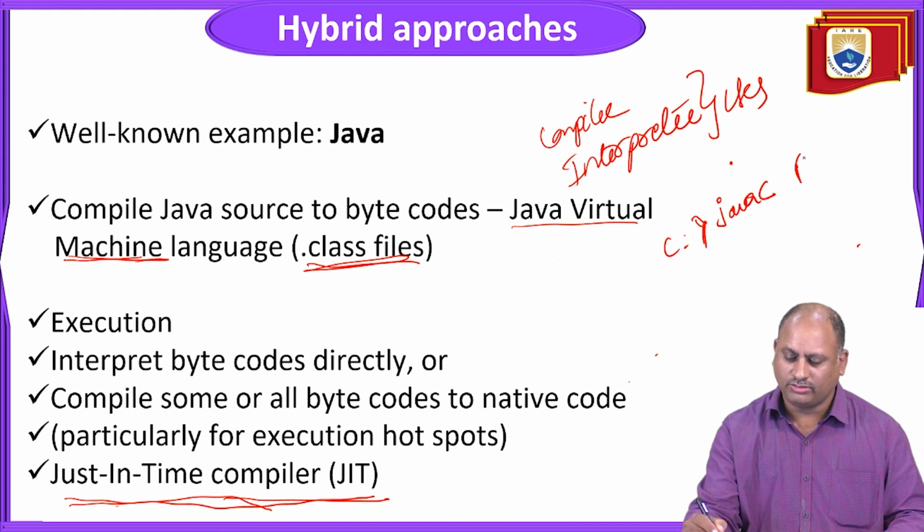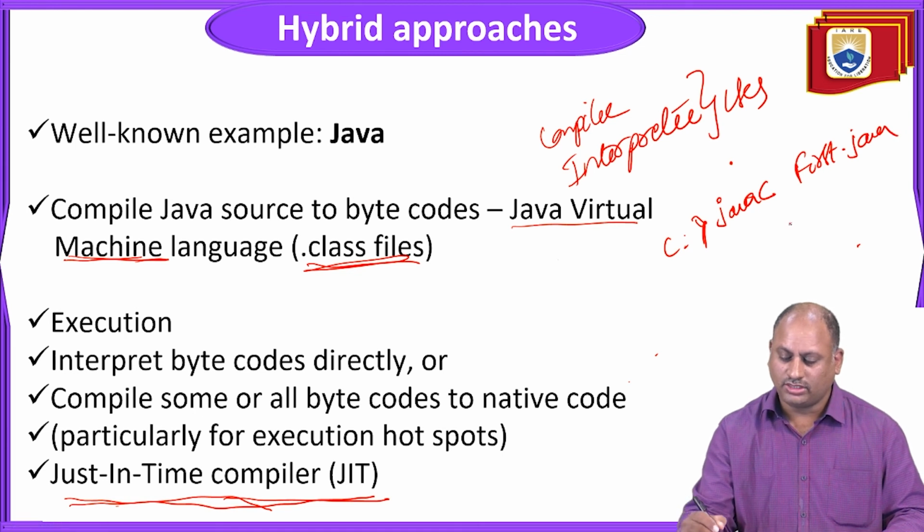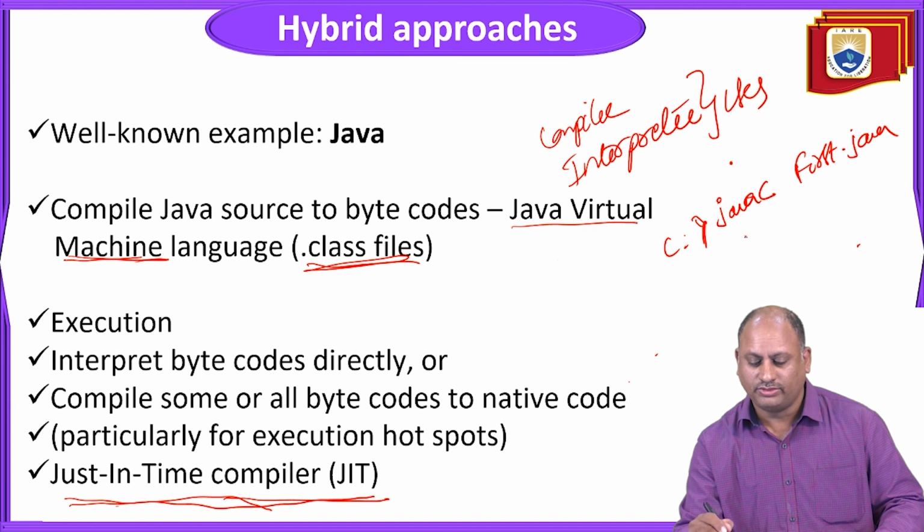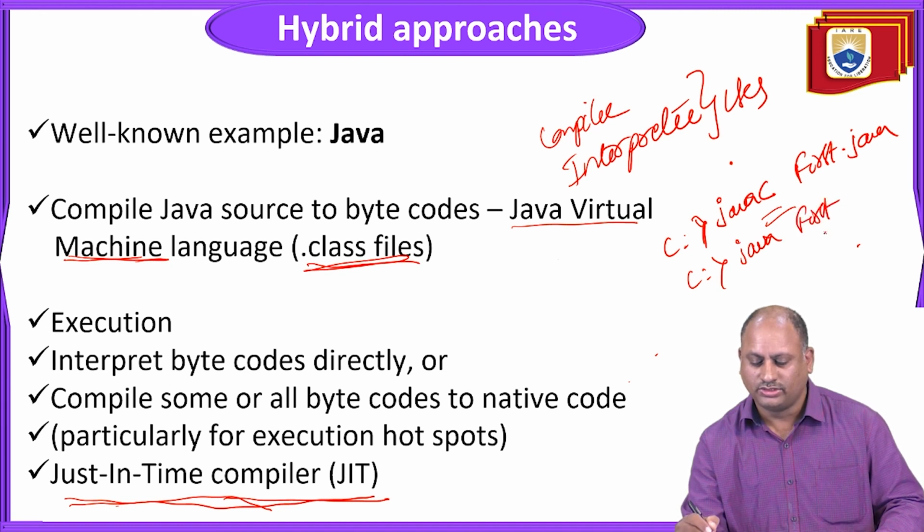It is a compiler, and the program name is first.java, and the .class file is released. If there are any errors, they are displayed. If there are no errors in the program, then it returns the .class file. After that, we execute the program with java space file name, which is called the Java interpreter.